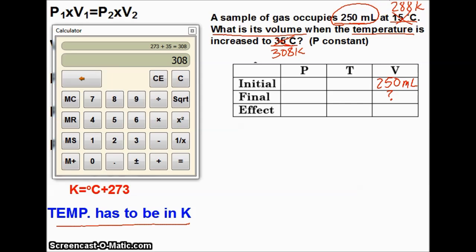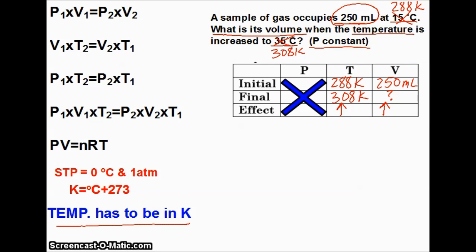We have an initial temperature, 288 Kelvin, and we have a final temperature, 308 Kelvin. Again, our pressure is constant, so we can just draw a big X through that. So in this case, our temperature is going up, and if the temperature goes up, if we look at our gas laws, we should know that the volume should also go up. So that's what we should see.